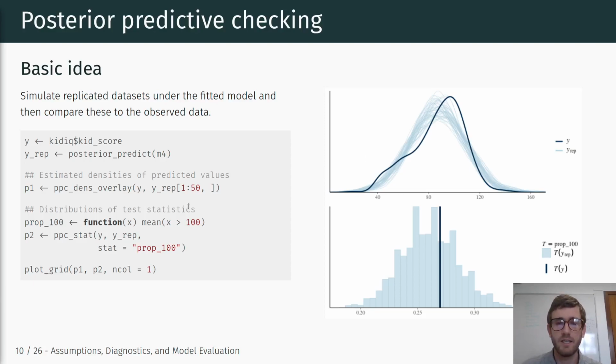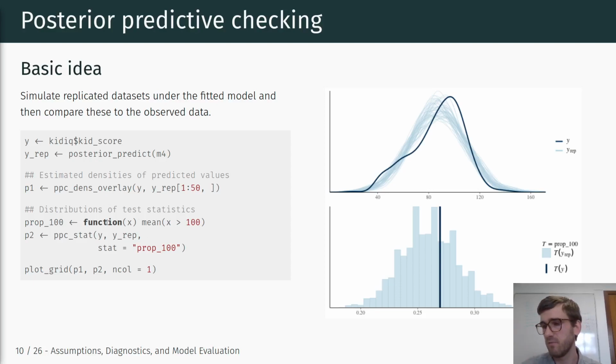Rather than just looking at the difference between the estimated densities of predicted values and the observed data distribution, we can also specify certain test statistics and look at the distribution of test statistics versus the observed test statistics. So for example, suppose in your predictive task, what you're really interested in is the proportion of kids that received a test score of more than 100 points, okay?